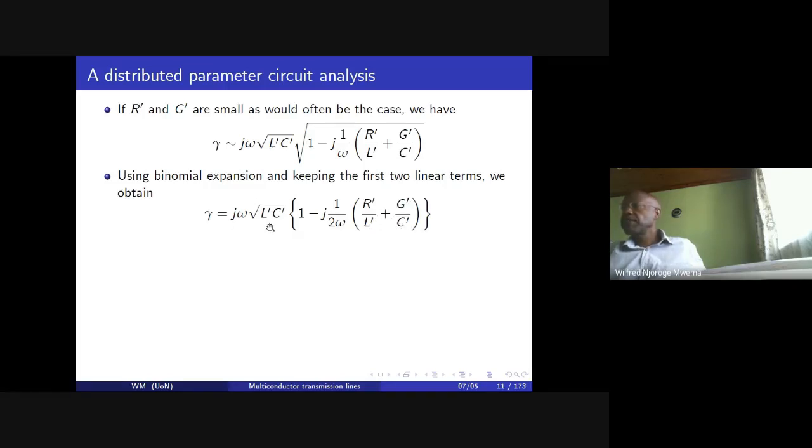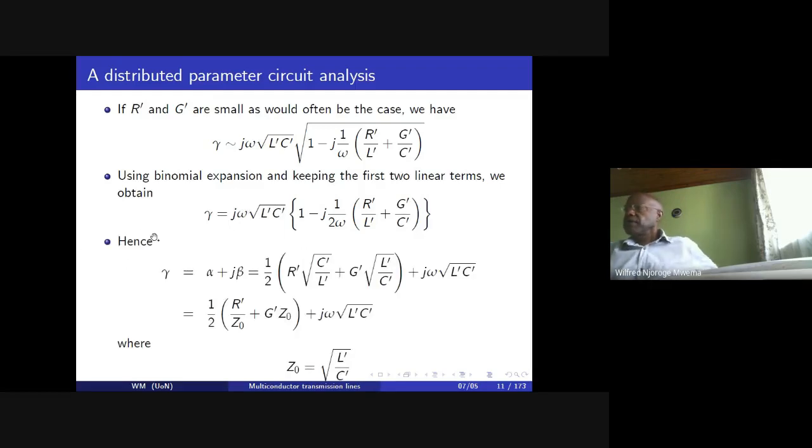If we multiply through, we'll see that this will give us an attenuation constant, that is a real part alpha, and this will give us the imaginary part, which is jω root L'C'. And we recognize this as the phase propagation constant for a lossless line.